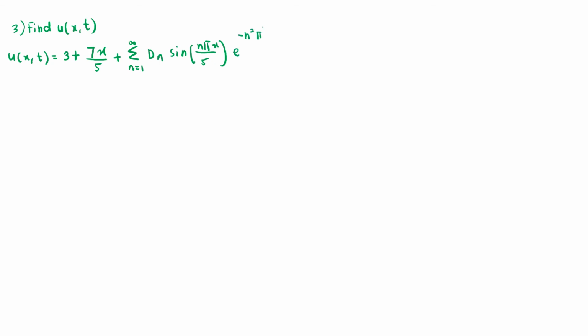Now we can find u(x,t), where u(x,t) equals T naught plus (TL minus T naught) times x divided by 5 plus the summation of dn times sine n pi x over L e to the power of negative n squared pi squared k squared t divided by L squared, where k squared is 4 and L squared is 25.